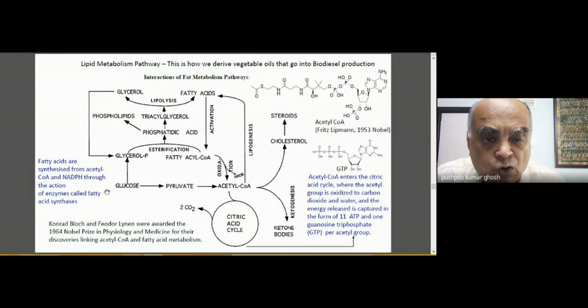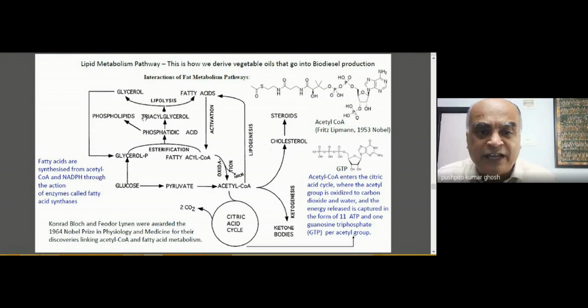Glucose can get converted into glycerol, or glucose can get converted into pyruvate and acetyl coenzyme A, which then undergoes lipogenesis, and I'll show you how this happens. Then it's activated, it forms a fatty acyl coenzyme A, it binds to the glycerol, and they esterify. I can either form the triacyl glycerol, which is the simple lipid, or if it is a phosphated glycerol, it will end up forming phospholipids.